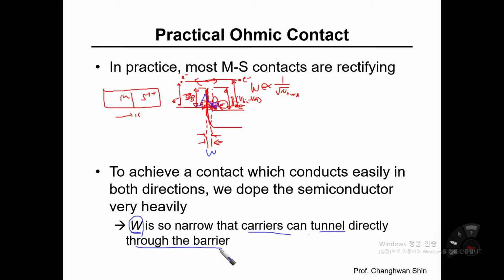This tunneling mechanism can be used to physically explain how the MS contact can become ohmic-like when the semiconductor side is very heavily doped. This idea can be used to fabricate the MS contact as an ohmic contact. So the simple engineering solution is to dope your semiconductor very heavily, or very degenerately. Then you can get an ohmic contact feature in your MS contact.